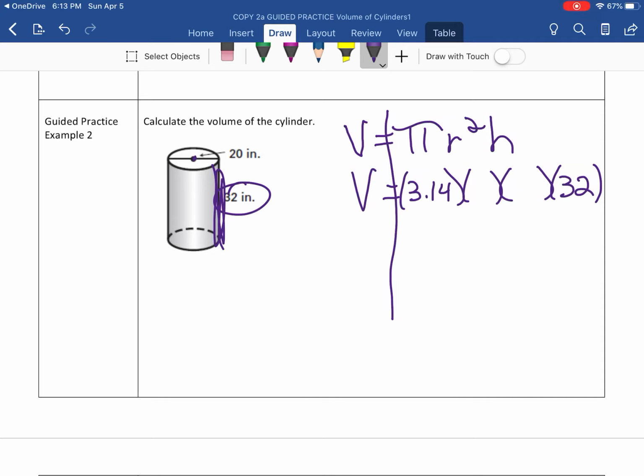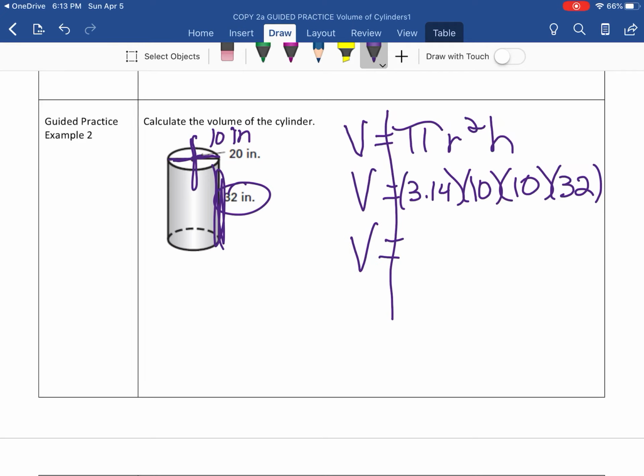So hopefully you put in 10 times 10. Why? Because this says 20 inches. They're pointing at the middle, they've got the line drawn across the whole thing, so half of it is 10 inches. So our radius is 10.